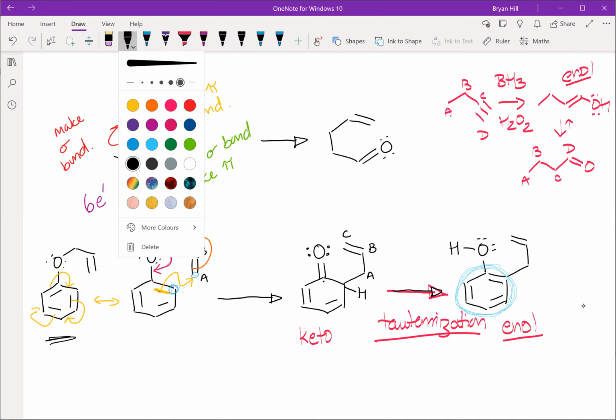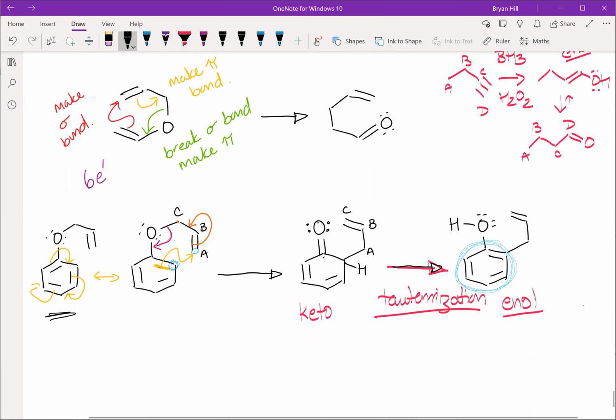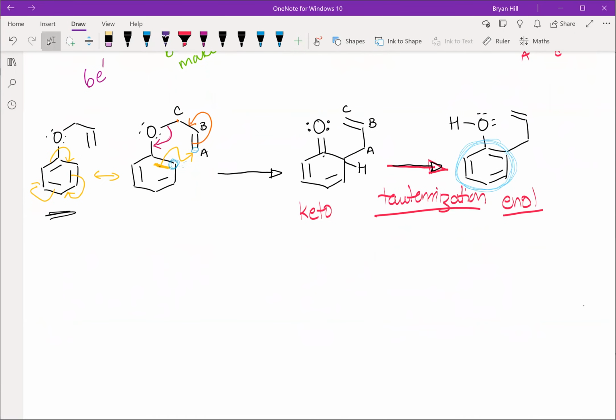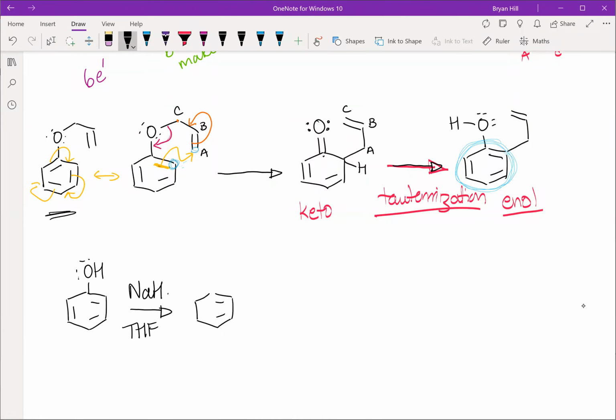So the next question might be, how do you make these allyl aryl ethers? And the most common way to do this is just exactly what we did before, the Williamson synthesis. So you take your phenol, you react it with, say, sodium hydride. This will give you your, so deprotonate it.